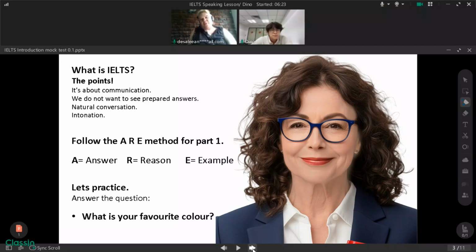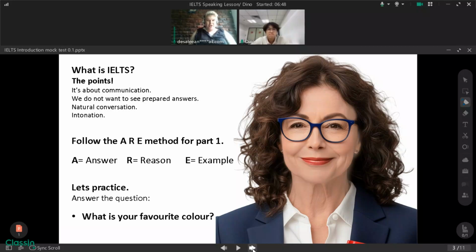All right, so the points. It's about communication. IELTS is about how we speak every day. It's a test on how we communicate. So it's not a specialized test where we have to do a speech or anything. We want to see natural communication. Number two, we don't want to see prepared answers. Many people prepare answers when it's not necessary.